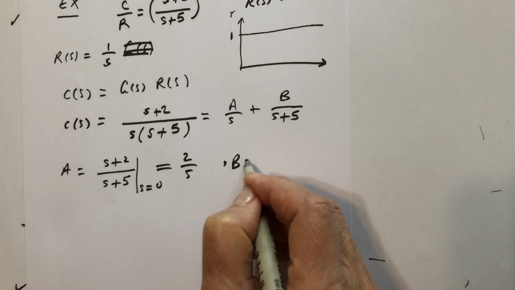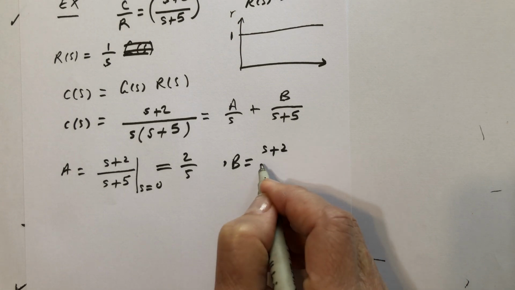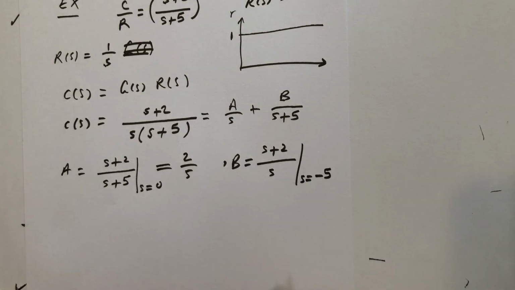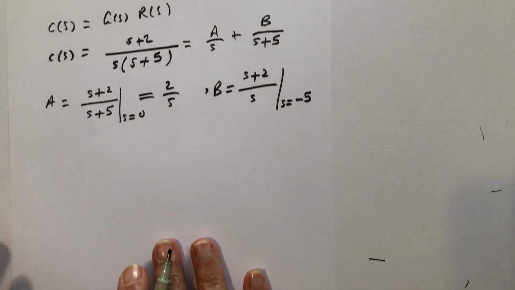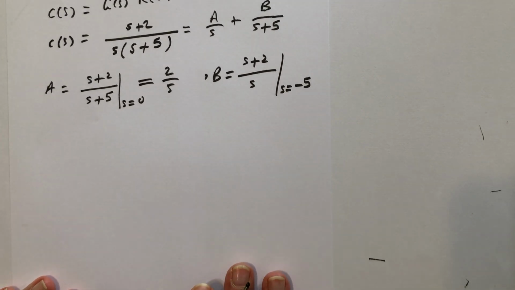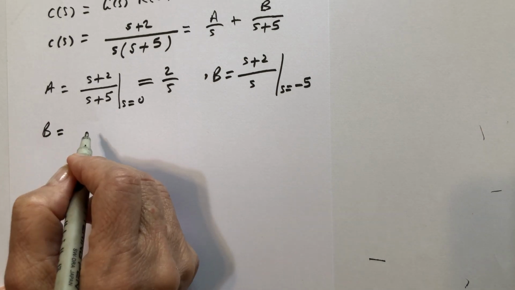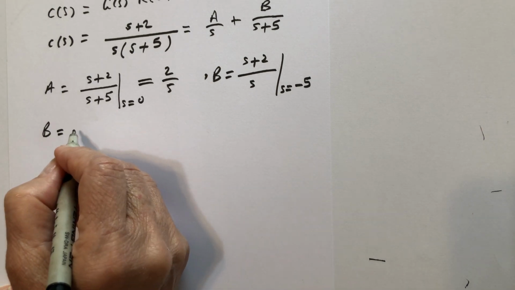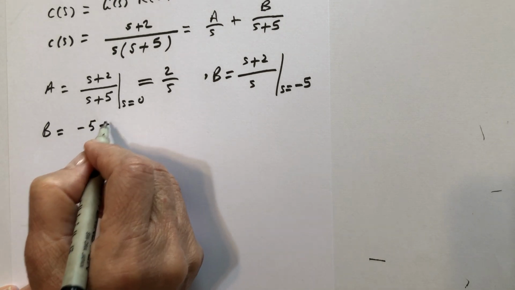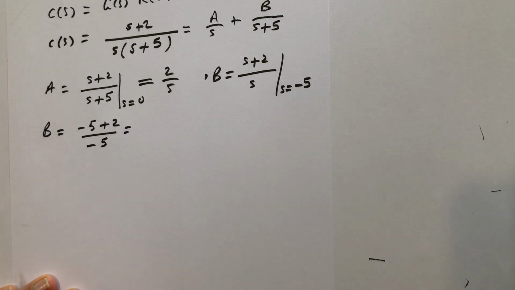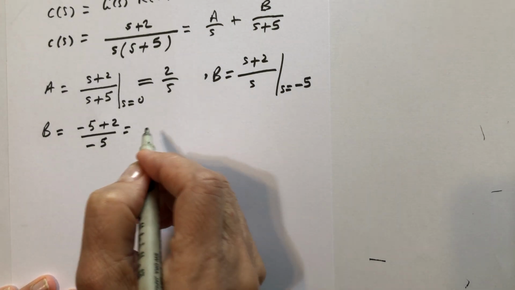Now B equals S plus 2 over S when S equals minus 5. This means that B equals minus 5 plus 2 over minus 5, which equals 3 over 5.